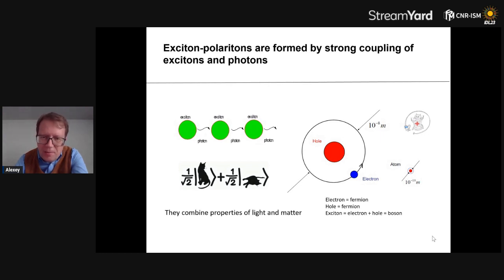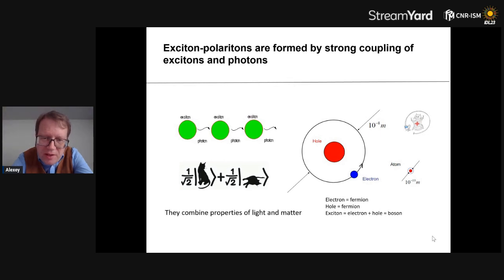They are bound together by Coulomb attraction, exactly as proton and electron in the hydrogen atom, and they form this hydrogen-like particle that is much larger in size than a hydrogen atom.